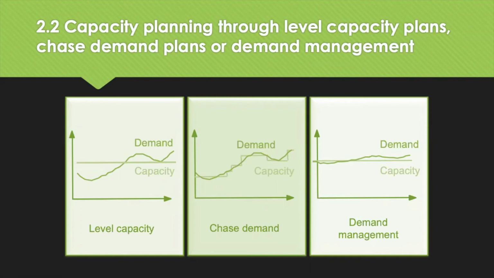This means that the output will be the same irrespective of a change of demand. So demand can go up and down, but capacity will always remain the same. If you're adopting this approach, you'll get the optimum utilisation of your resources. You'll be able to produce the output at the least unit cost. So you make stock and you hold it until demand exceeds capacity.